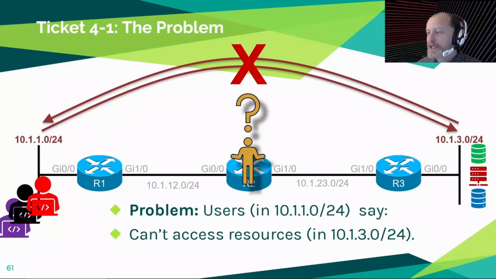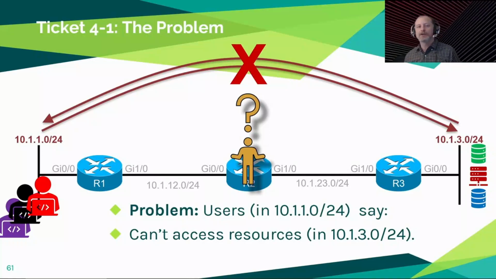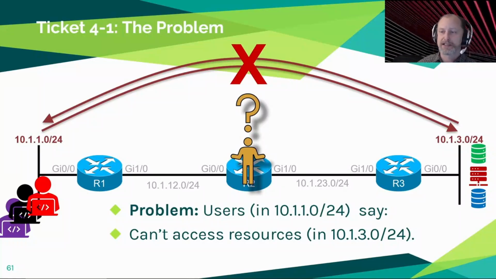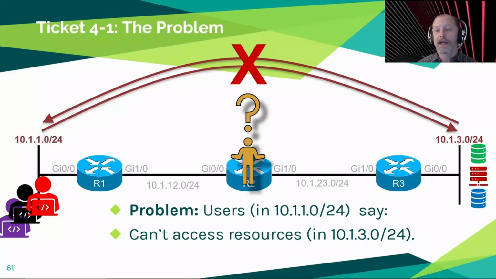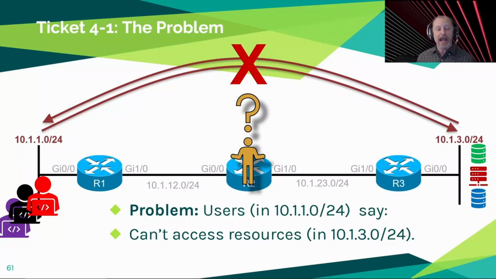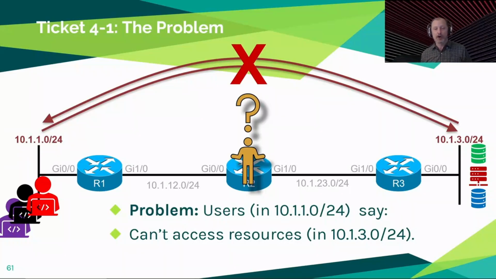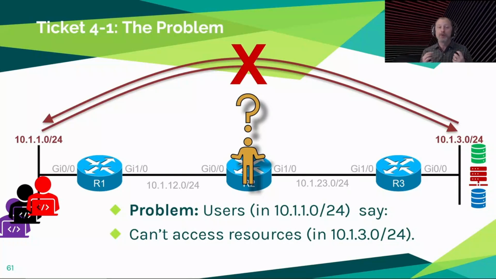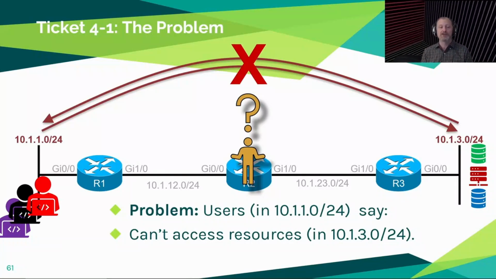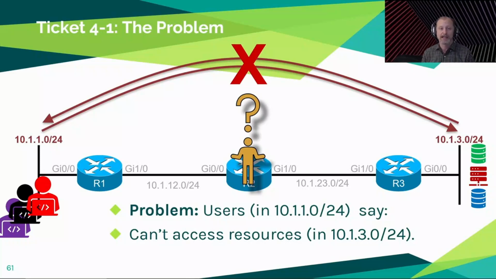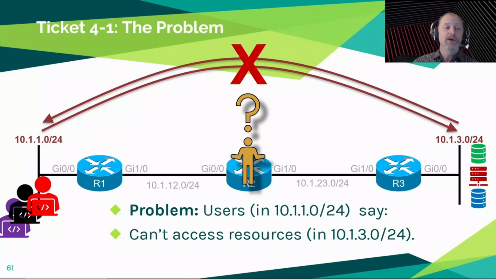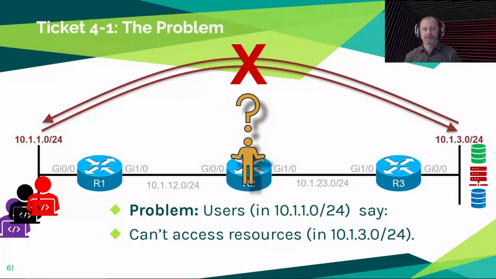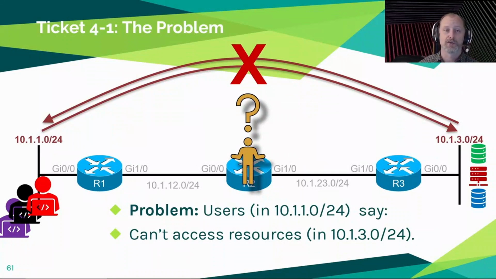You'll notice that the communication arrows here are depicted as two one-way arrows. We don't know which arrow actually is the problem, but it's important when you're troubleshooting this stuff to think unidirectionally. If only one of those arrows has a problem, then the people on the left won't be able to communicate with the resources on the right.